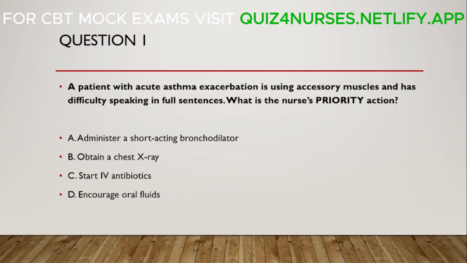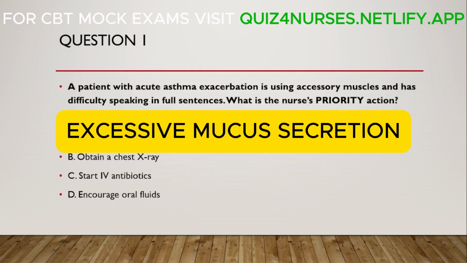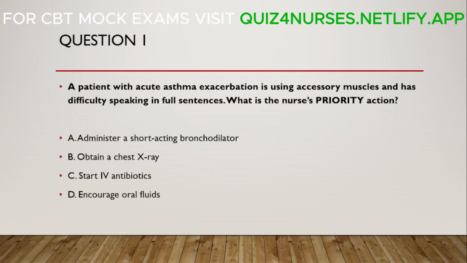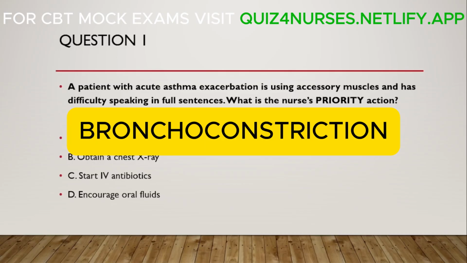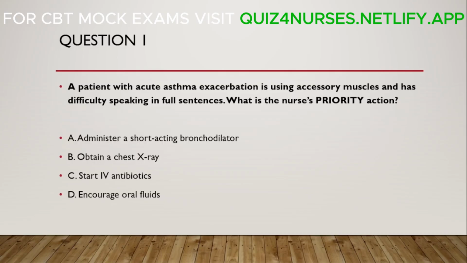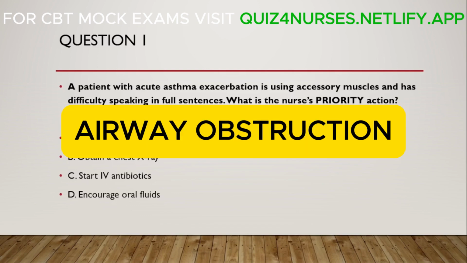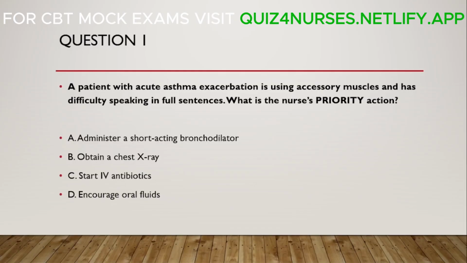When there is airway inflammation, this leads to excessive secretion of mucus in the airway and also the constriction of the bronchioles. The constriction of the bronchioles leads to the blockade of the mucus, leading to reduced level of oxygen that gets to the lungs.